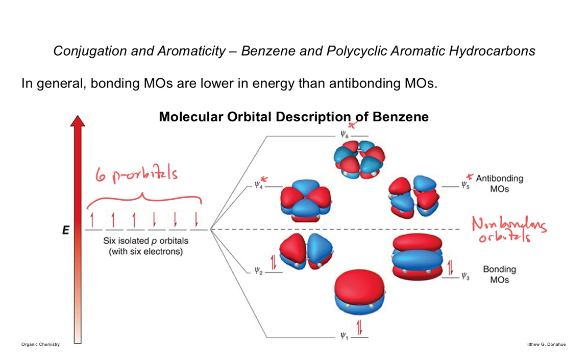So you take your 6 p orbital electrons, you start shoving them in there to the lowest orbital first. So that's psi1, you put 2 in, you spin pair them. Then psi2 and 3, you put the remaining 4. And since there's only 6 electrons to start with, notice that there's no electrons in these anti-bonding orbitals.